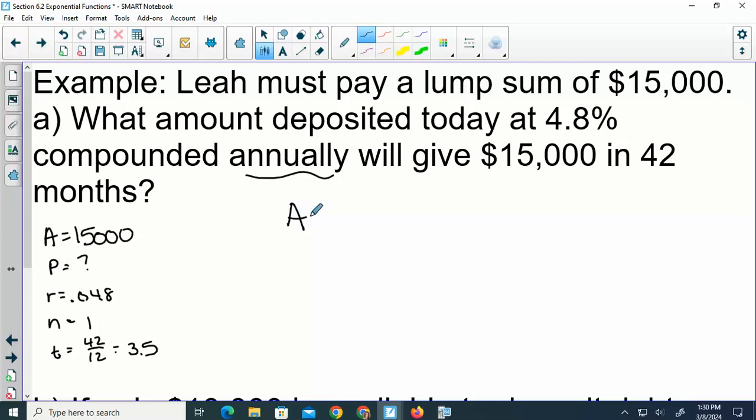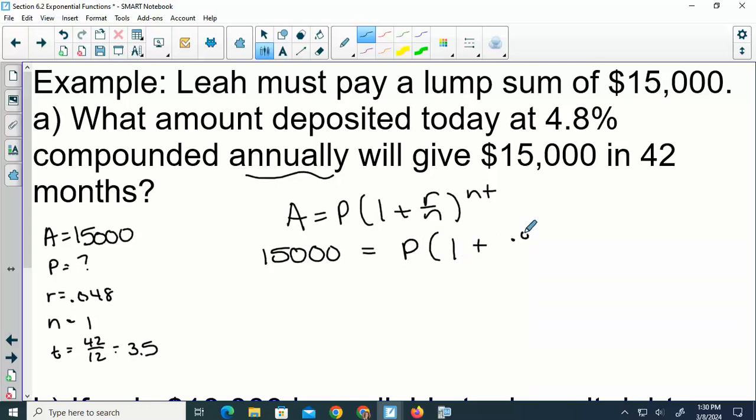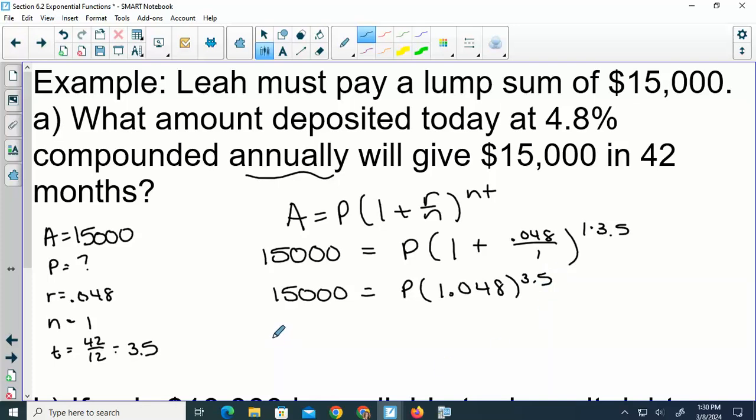Again, we're just doing regular interest. So my ending amount is 15,000 equals P(1 plus 0.048 divided by 1) to the 1 times 3.5 power. We have a little simplifying we could do. 1 plus 0.048 divided by 1 is just 1.048. 1 times 3.5 is 3.5. How do we get P by itself?